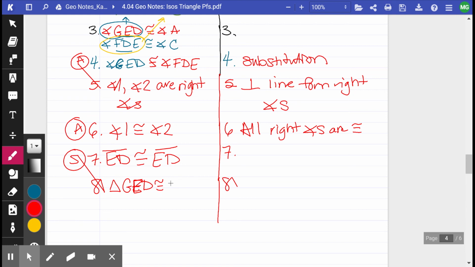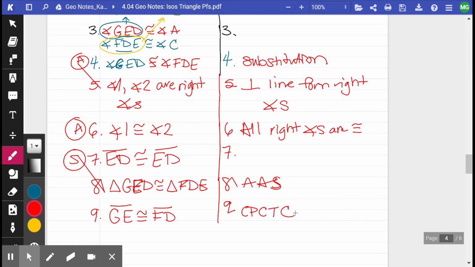Triangle GED is congruent to triangle FDE, and that would be by angle, angle, side. Almost done. Now I can say that segment GE is congruent to segment FD by corresponding parts of congruent triangles are congruent, CPCTC.